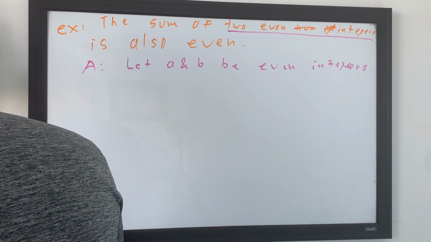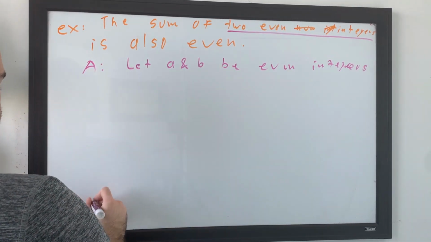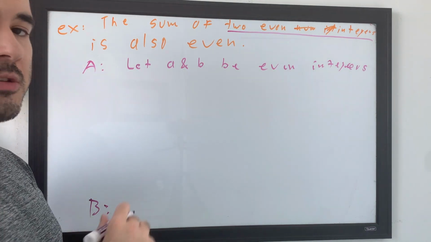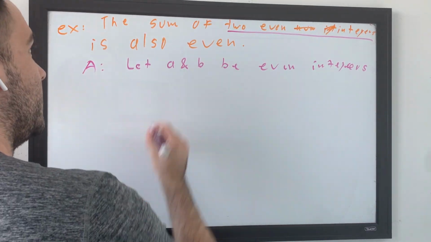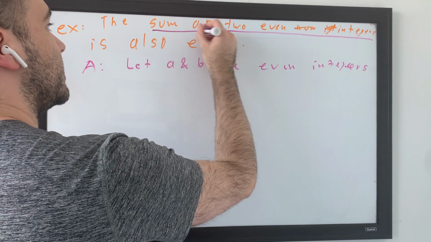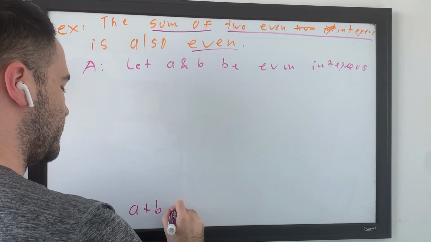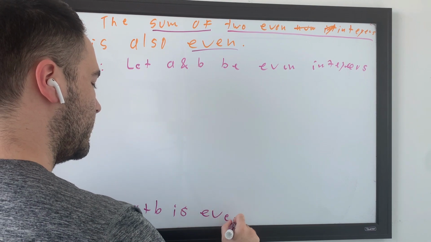And now if we flip over to the bottom, we will state what we need the answer to be. The answer is that the sum of these two is even. So we need to show A plus B is even.